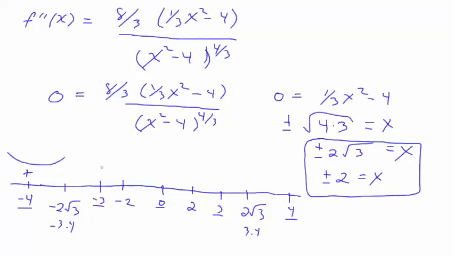So that's negative, which means concave down. We plug 0 in and get negative in the numerator. The denominator is positive because it's raised to the 4th power, so any negative number there becomes positive. So we get negative, and that's concave down from negative 2 to 2.